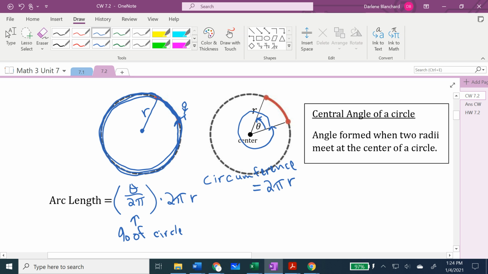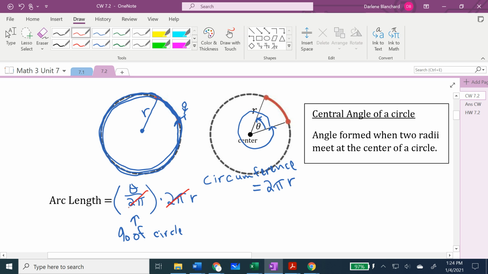But this formula is beautiful. Do you see it? Arc length is the percent of the circle, which is theta divided by 2 pi, multiplied by the circumference 2 pi r, and yes, cancel.